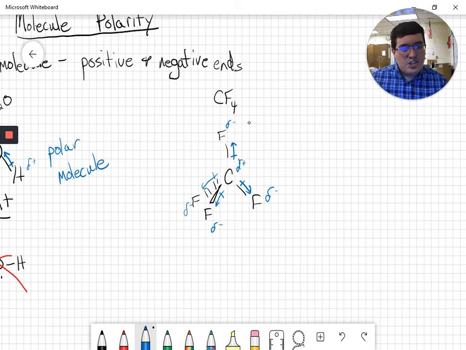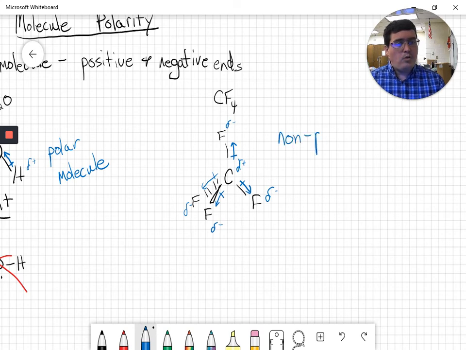Now, when I look at this shape, I notice the negatives over here at the left. There are negatives over on the right. There's negative up top, negatives on the bottom. Any way I look at this, I know there are negatives all around this thing. There isn't a positive end to this molecule. So believe it or not, this is a non-polar molecule.